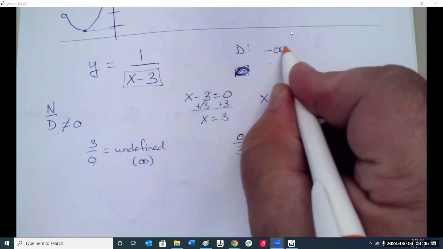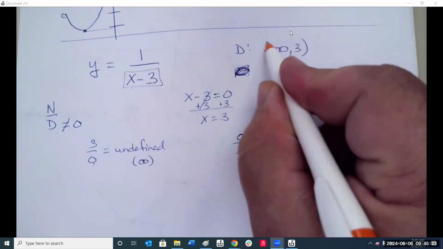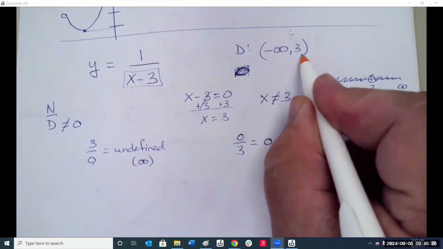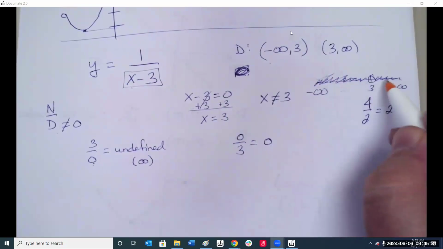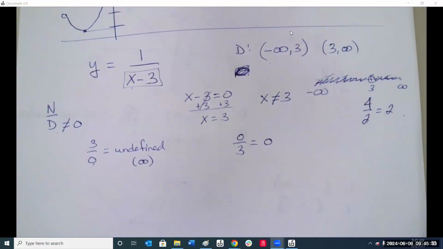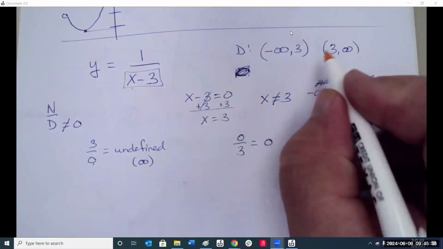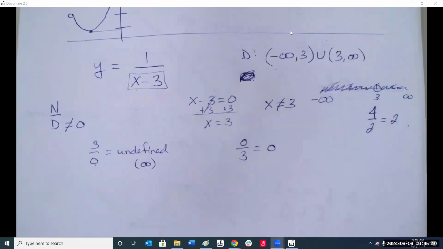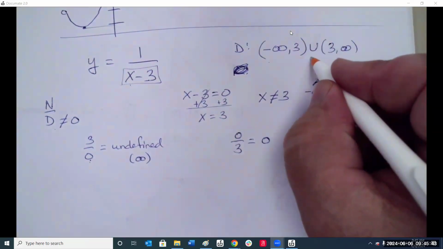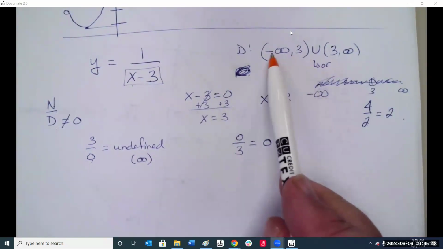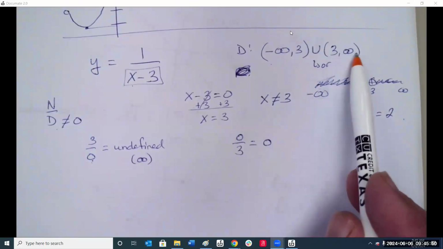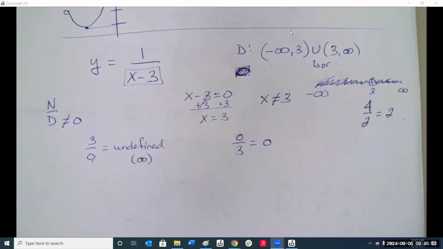We go from negative infinity to 3. We cannot use 3. And then we can go from 3 to positive infinity. That's this side and this side. But there has to be something between there. The union symbol, the U. That really means "or." My answer is either in here or it's in here. So there's the domain for that equation.